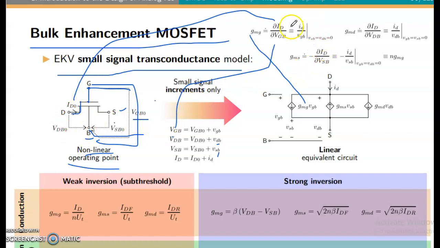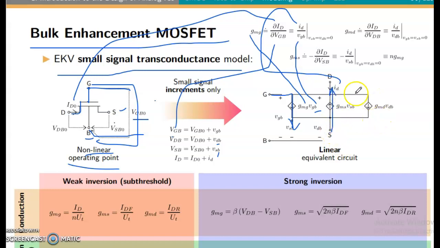So here, from the linear equivalent circuit we take small ID and small VGB. From the gate, the flow goes to the source, that's why VGB. Here VSB from the flow going here like this.